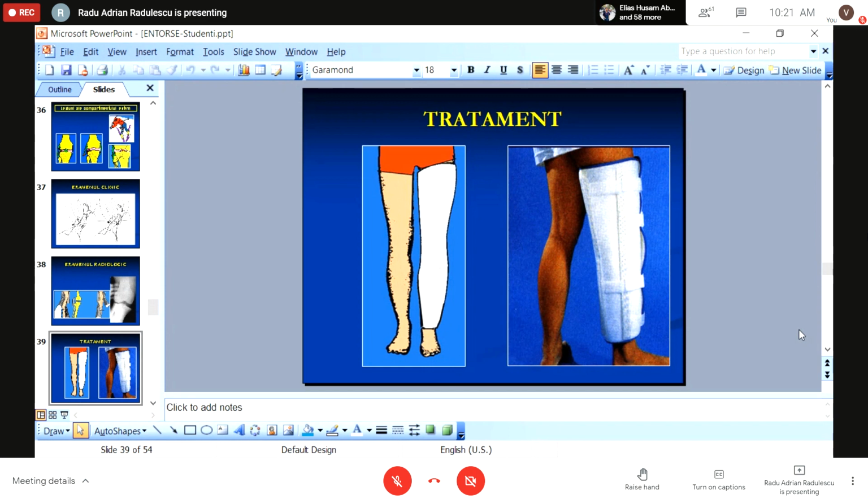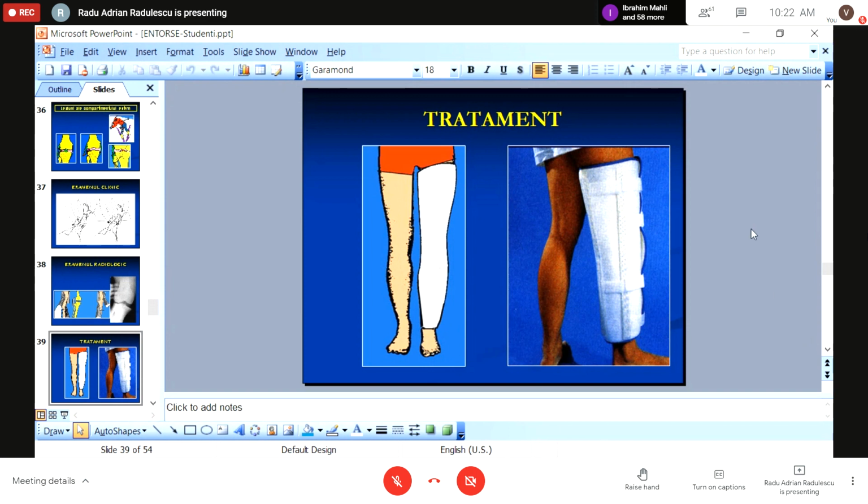I mean, the comparison between these two treatments in patients with isolated complete lesion of the medial collateral ligament. And the finding was that the long-term result was the same. So in other words, there is no need to operate on patients with isolated lesions of the medial collateral ligament.